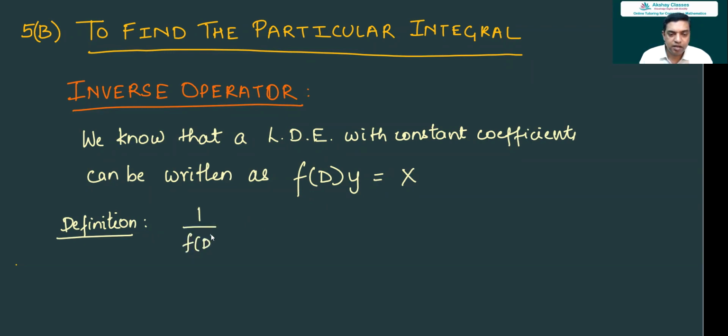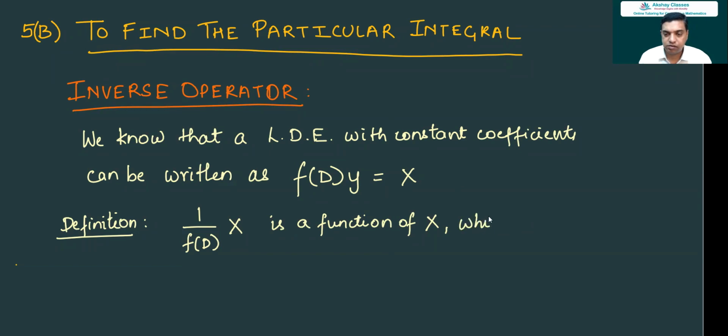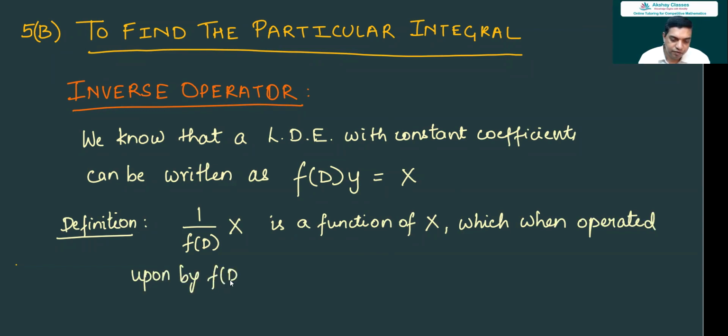1 by f of D times x is a function of x which, when operated upon by f of D, gives x.